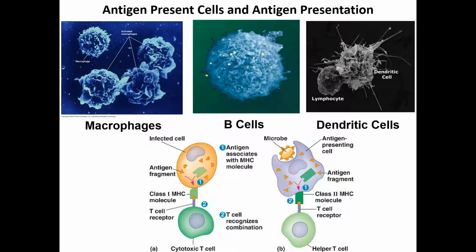Your B cells also will process foreign antigens and display those antigens on their cellular surface as well as produce antibodies. Your dendritic cells are basically just antigen presenting cells. That's it. That's their main role.